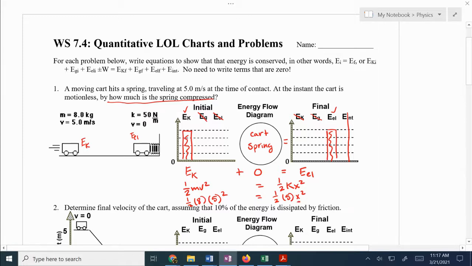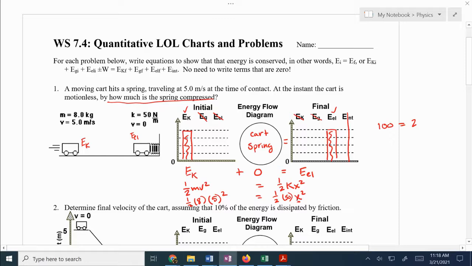So let's do this. We've got 1/2 times 8 times 25, that's 4 times 25, which is going to give you 100, is equal to, what did I, 50, that's 50. That's what I messed up here.